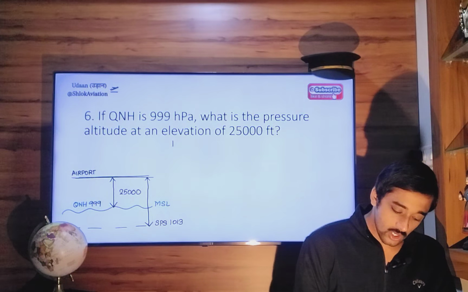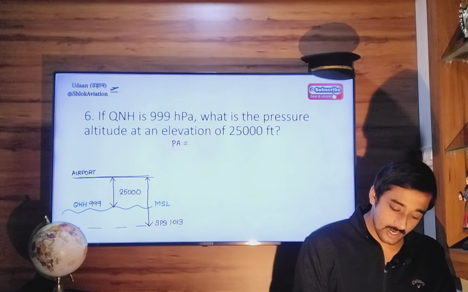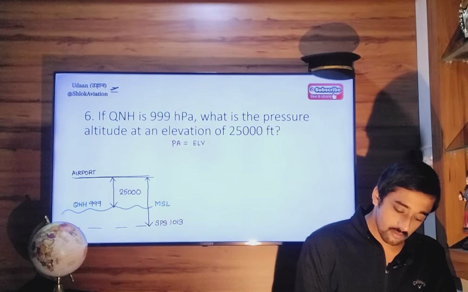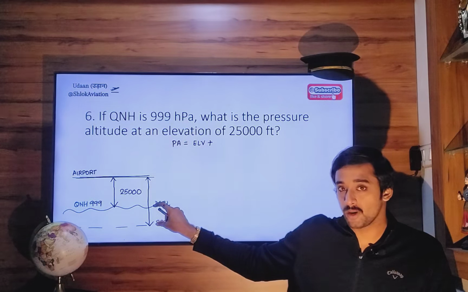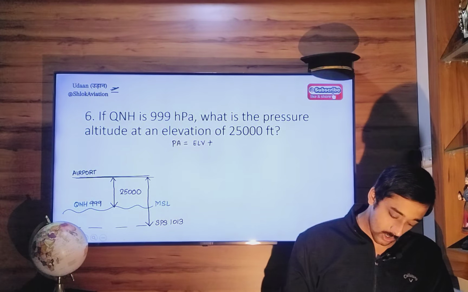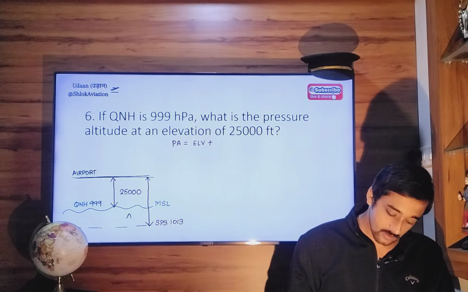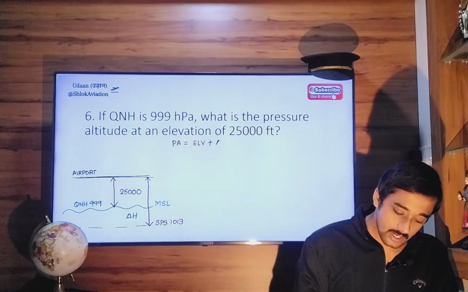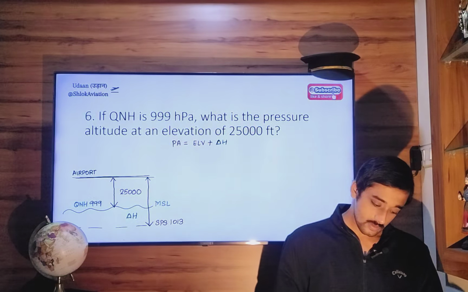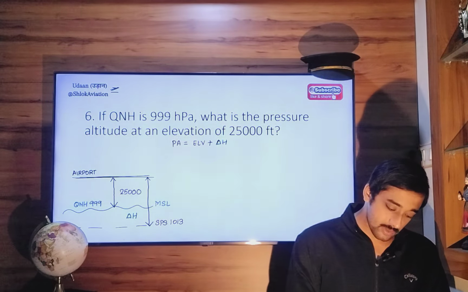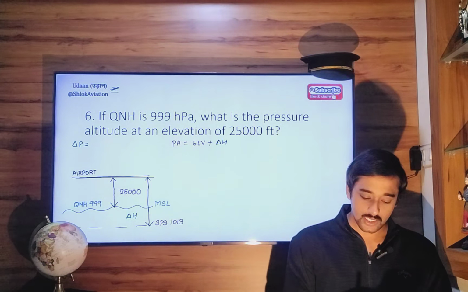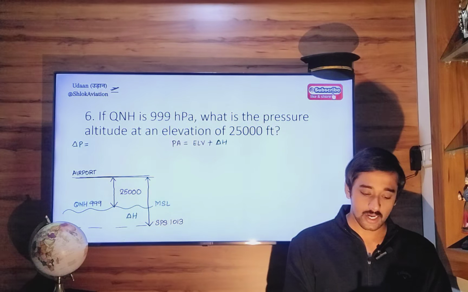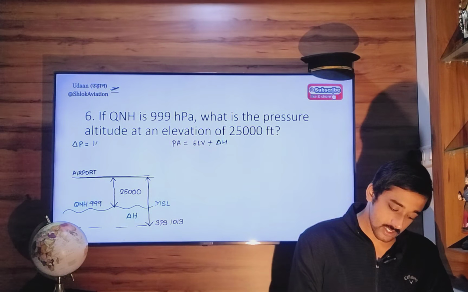So pressure altitude will be measured from standard pressure setting 1013. Now pressure altitude is equal to elevation plus the difference between the two pressure levels, which is your height difference. Now what is the pressure difference between them? Pressure difference is equal to 1013 minus 999, that is 14 millibars.